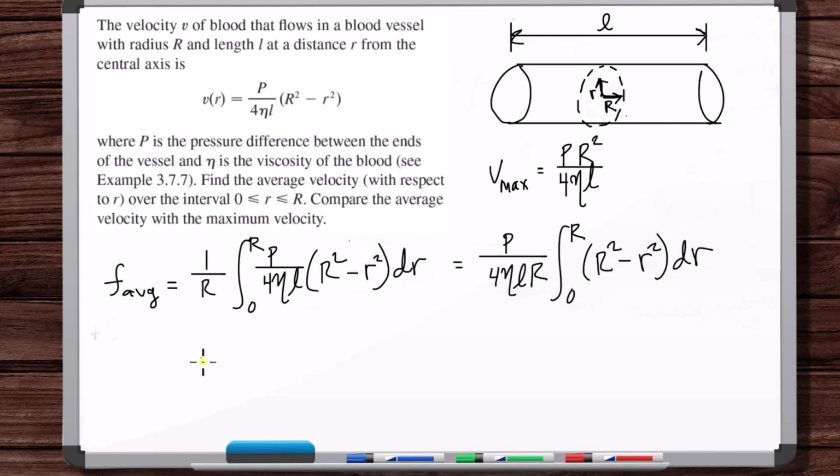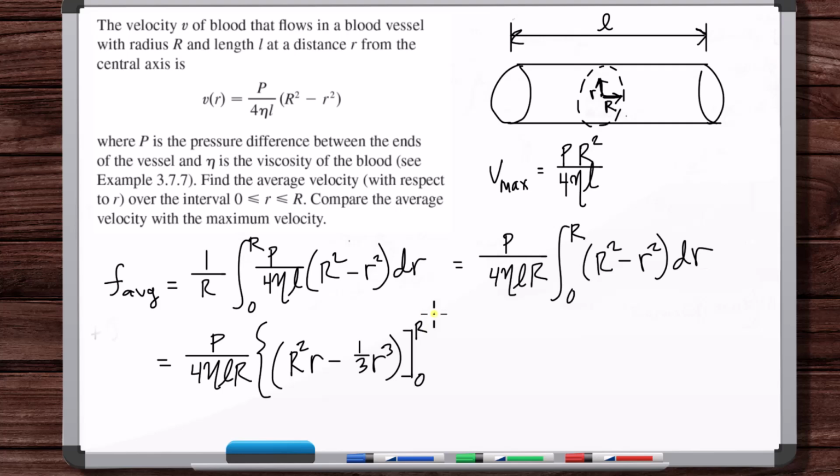Okay, so what we've got is capital R squared r minus 1/3 r cubed. That's the antiderivative with respect to r, because capital R squared is a constant.